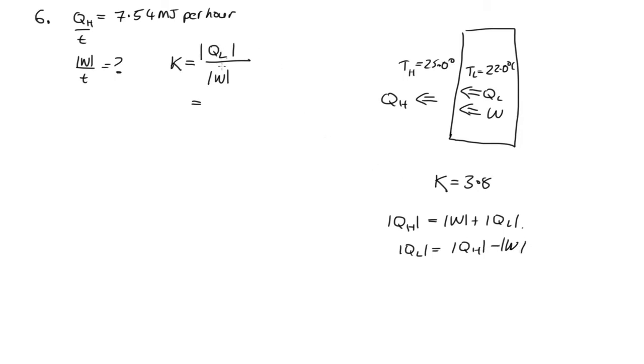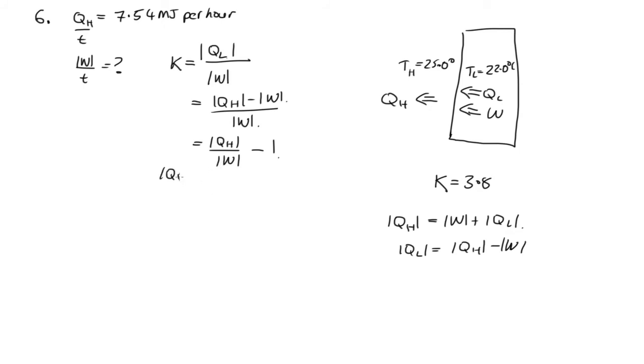We can put this up here. So we've got QH minus W over W, and so this is equal to QH over W minus 1. Okay, now what we're going to try and do is, because it's work that we want to find, we're going to rearrange this to make work the subject of our equation.